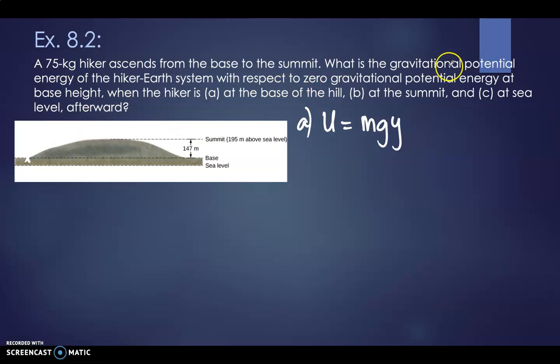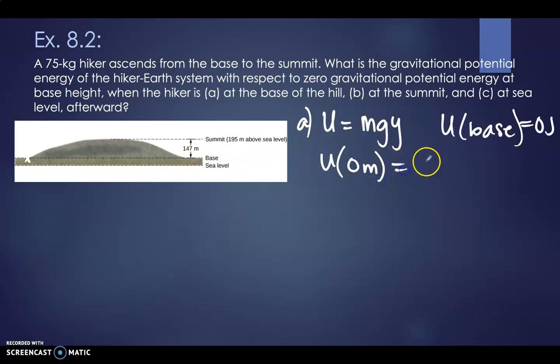So we can say U at base is 0 joules. So that takes care of the first one, right? U at the base, 0 meters, is equal to 0 joules, which makes sense if we plug mg times 0 meters in. That'll give us 0 joules.